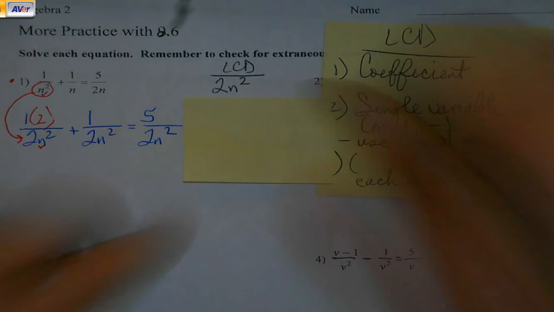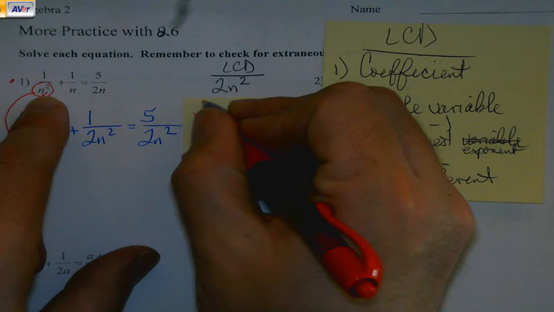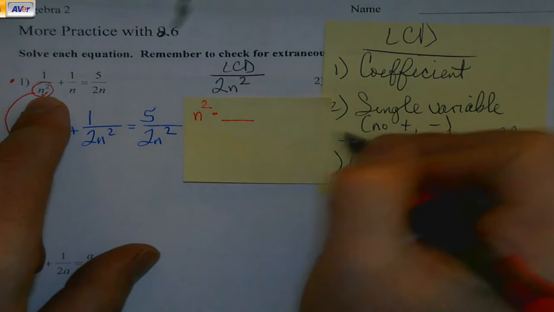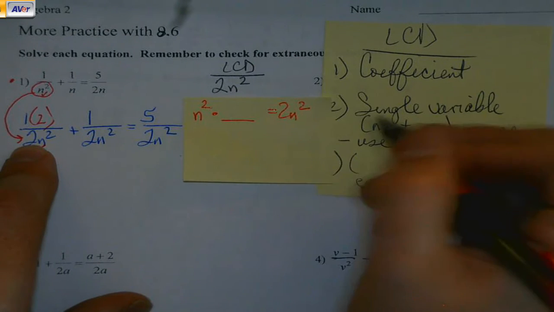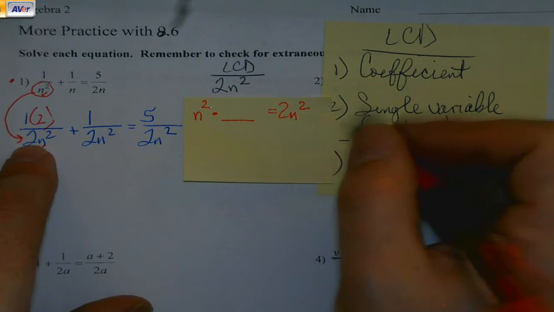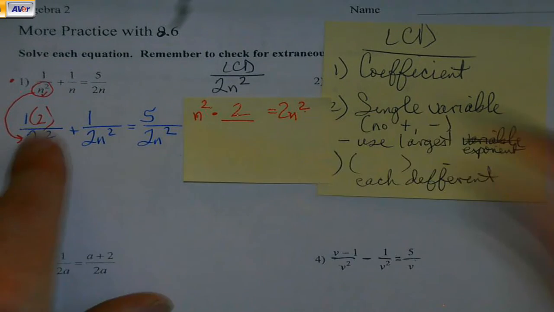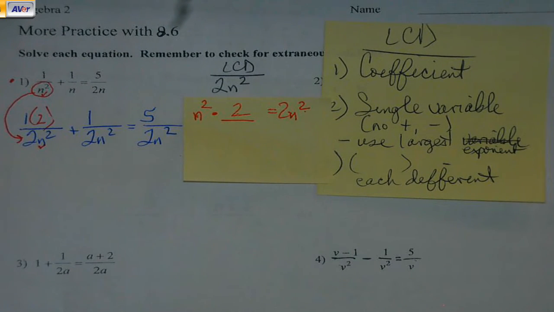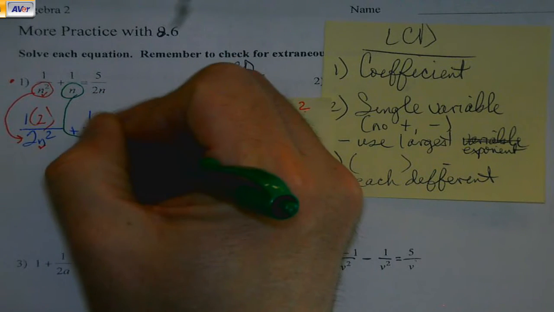Others of you that are more visual may want to look and say, I started with n squared, I've got to multiply that by something to get to 2n squared. Well, n squared times 2 would be 2n squared, and that's how you figure it out. So you've got both of those options on each of these.